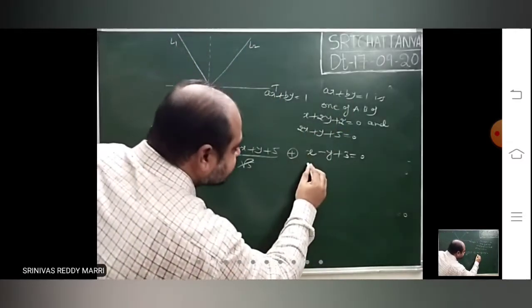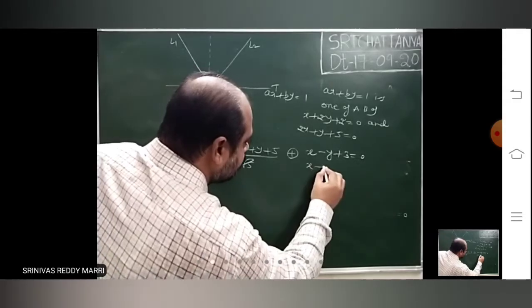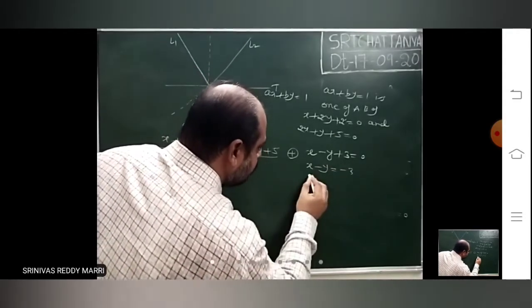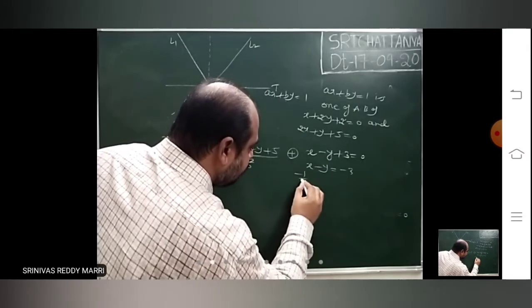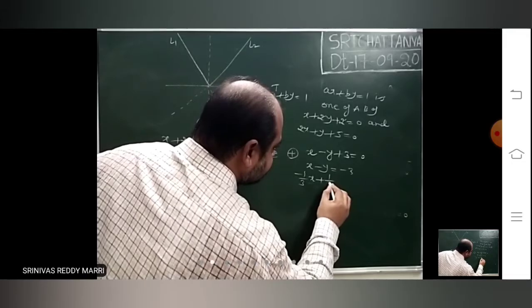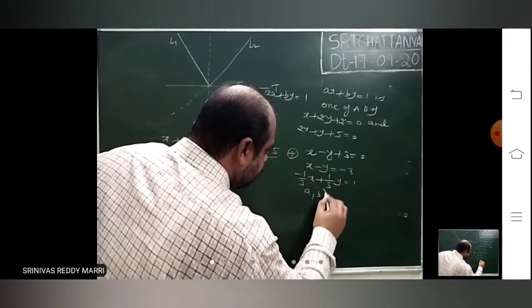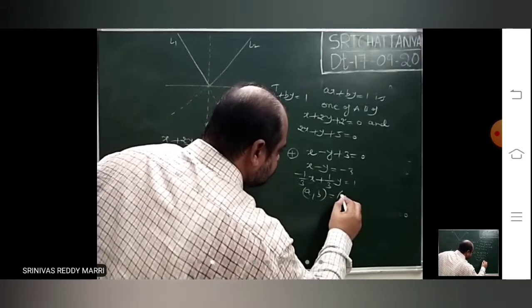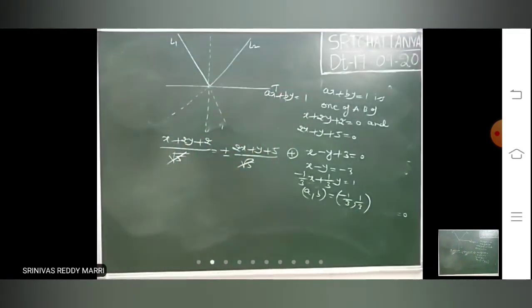So this is of the form ax plus by equal to 1. Bring this side: minus 1 by 3 x plus 1 by 3 y equal to 1. Therefore, a comma b equals minus 1 by 3 comma 1 by 3.